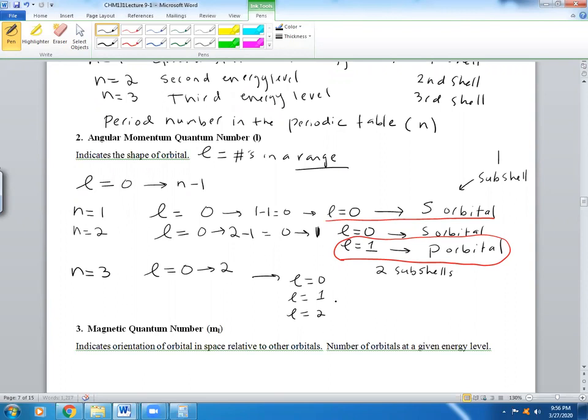So now you have 3 subshells in this one. That's S, that's P, and now this is D. And once again, you have 3 subshells.